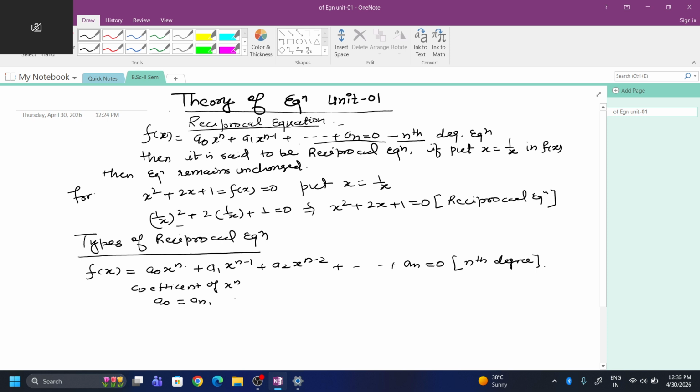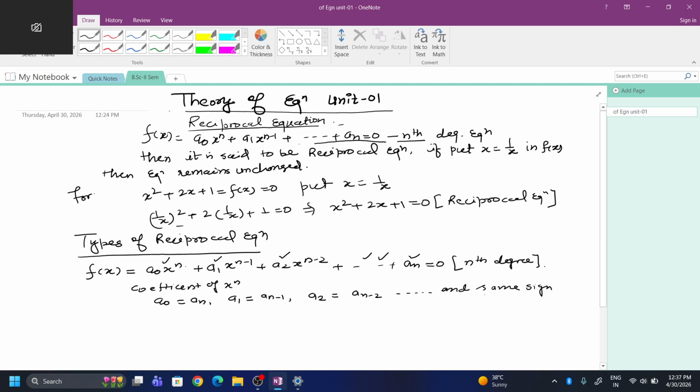Similarly, the coefficient of x^(n-1) is equal to a(n-1), and the coefficient of x^(n-2) is equal to a(n-2), and so on. That is, the first and last coefficients are equal, the second and second last are equal, the third and third last are equal, and with the same sign. This is very important: the same sign.